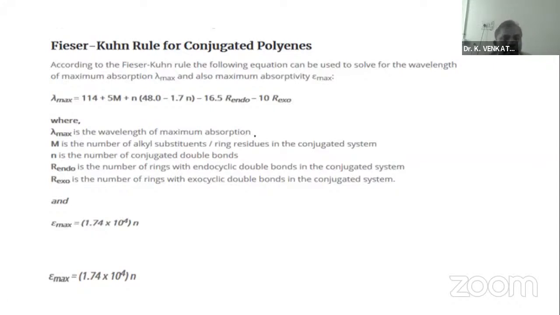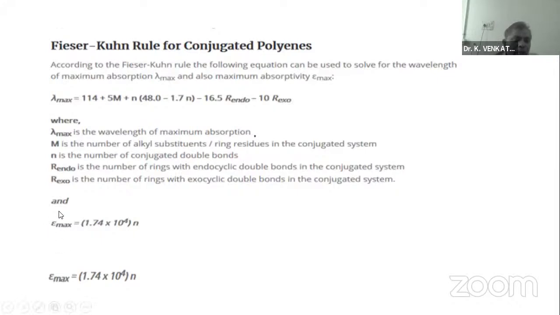And R endo means the number of rings with endocyclic double bonds in the conjugated system. So ring inside, double bond is present, that is for endocyclic. And R exo is the number of rings with exocyclic double bonds in the conjugated system.